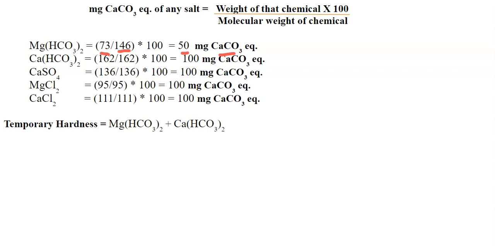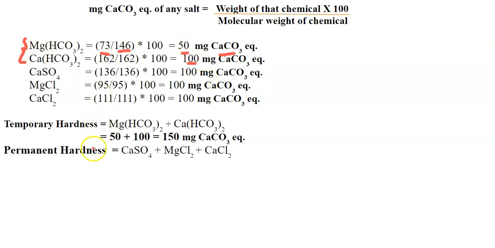Now we have to calculate temporary hardness. Temporary hardness is due to carbonates and bicarbonate salts of heavy metal ions. These two are the bicarbonate salts of heavy metal ions, so the addition of the amounts of these two will give you temporary hardness. Next, we have to calculate permanent hardness.